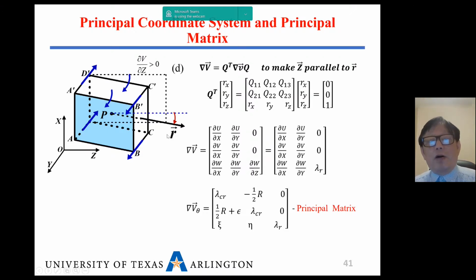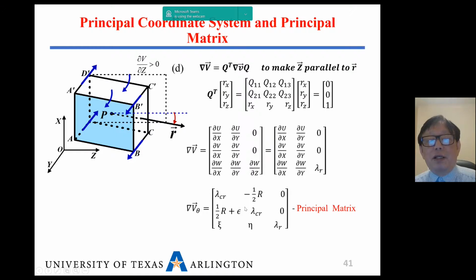So in these coordinates, we get a principal matrix, which looks like this.